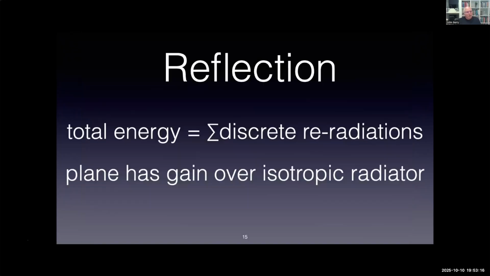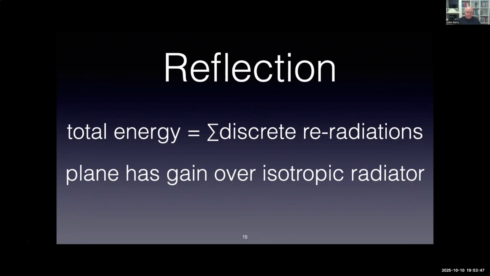So we've said that the aircraft is big compared to the wavelength. We've said that it reflects. We've said that each little bit of the airframe, effectively an isotropic radiator, a small part of the airframe, reflects. But the total energy then is the sum of all the re-radiations that are coming off that aircraft, all the reflections.